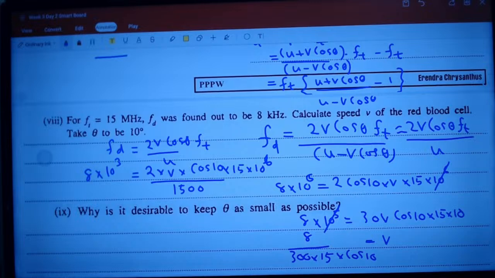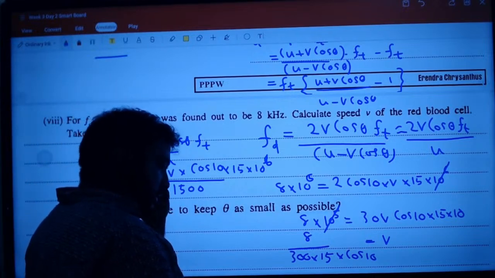So 8. What's the value for cos? Carefully turn back and look, theta. So cos 10.